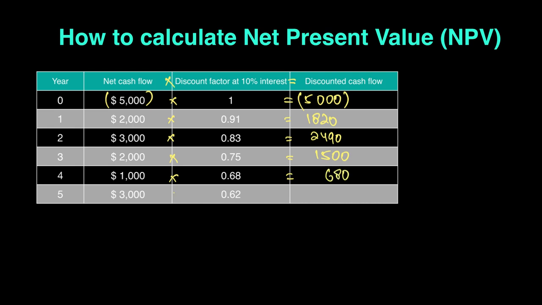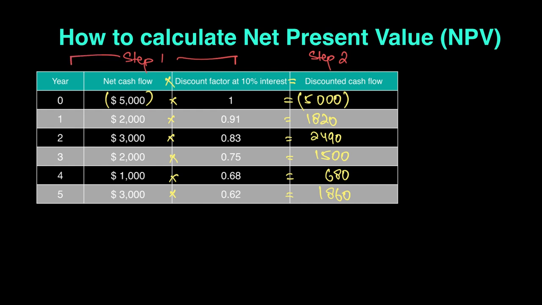And finally, 3,000 multiplied by 0.62 is equal to 1,860. Okay, so what I've done here is my step number 2. Step 2 is this, and this was all step 1, so from here till here.